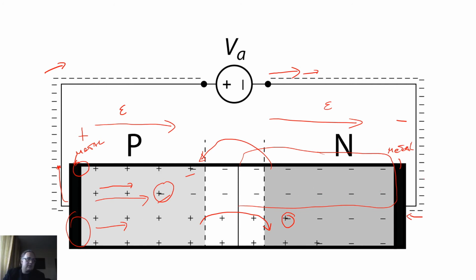So this is to say that some of the electrons that enter here will actually be exchanged for holes that diffuse from the P side.